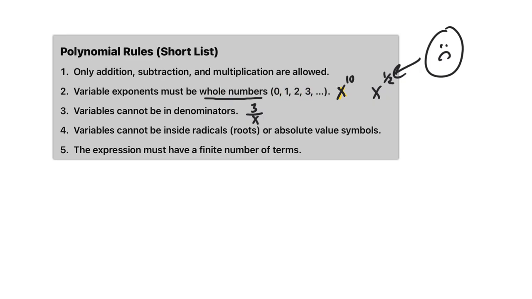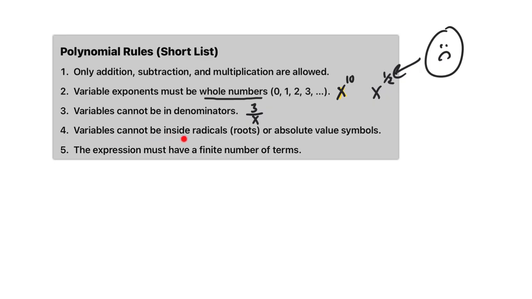So in other words, you cannot have negative exponents. And for the record, negative exponents would result in this situation. But just know that whatever the exponents are, they must be positive or zero. Now, in that case, it would be a constant.